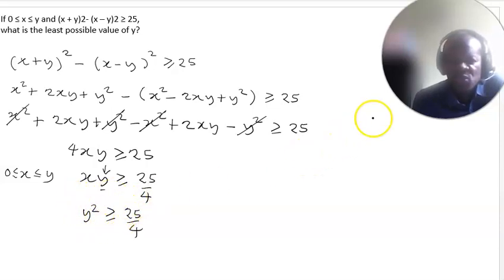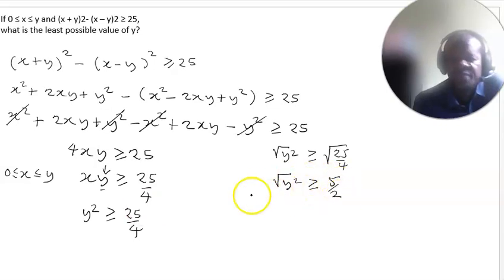So what we need to do now is to find the square root on both sides. So y squared greater than or equal to the square root of 25 over 4. So this is y squared greater than or equal to 5 over 2.